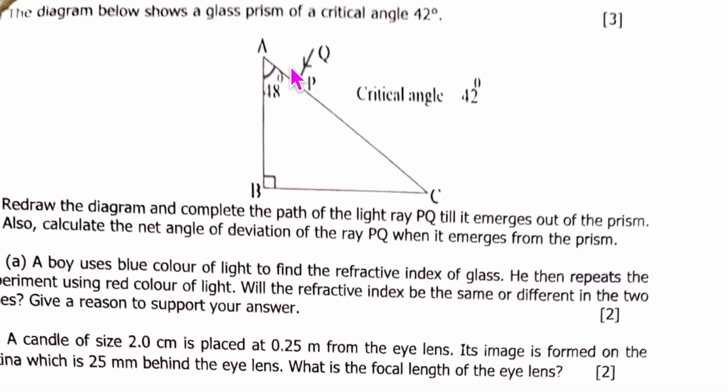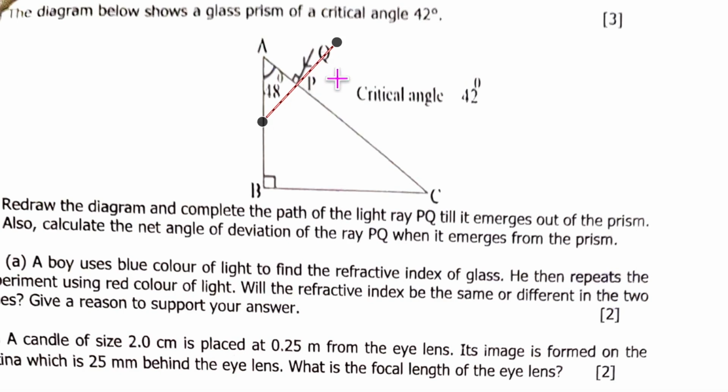Now, please draw this triangle and let me just tell you how the diagrams of this should be drawn. You will show the ray coming perpendicular to this surface. Show it perpendicular. They have not shown it perpendicular, you show it perpendicular.